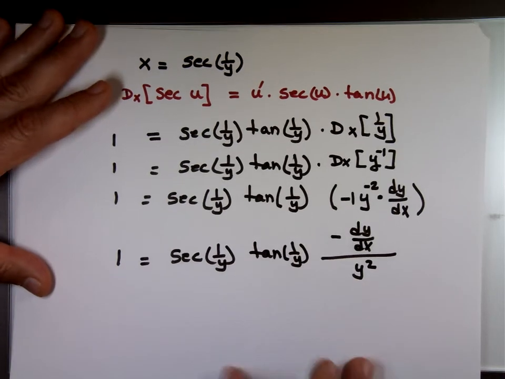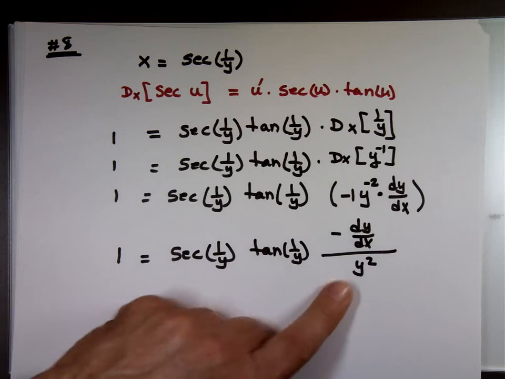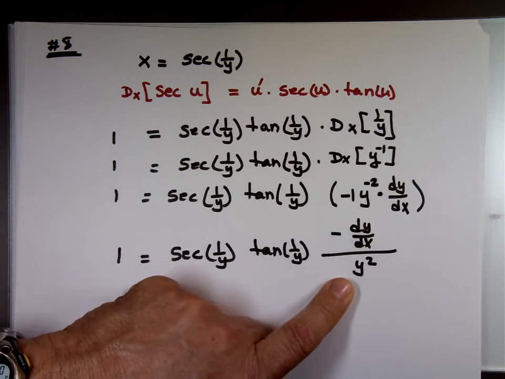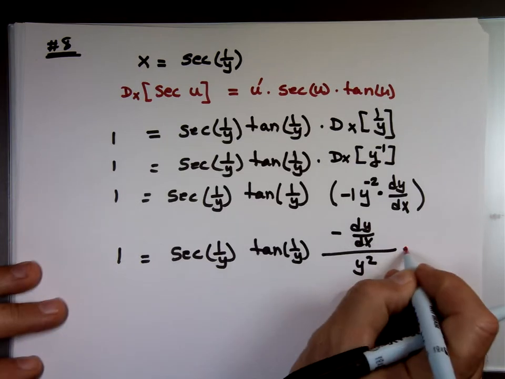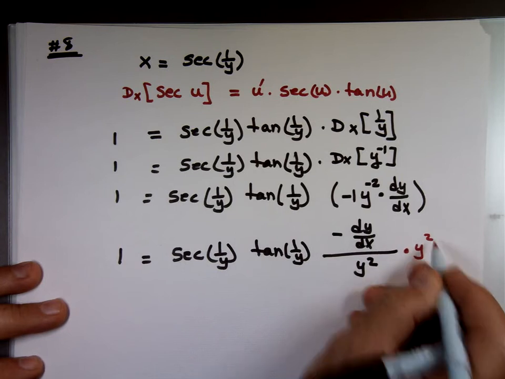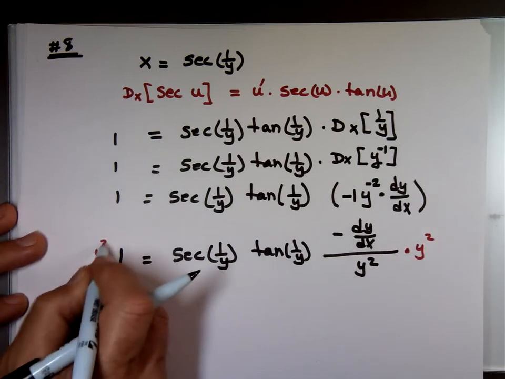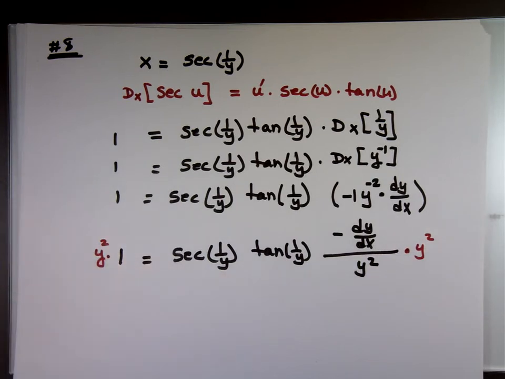Now when you look at that, you get that little ugly fraction right here. That's all multiplication. That's all one term. What will happen if I take that equation, multiply this side by y squared, and this side by y squared? Do you see anything that might cancel? The y squared will cancel.